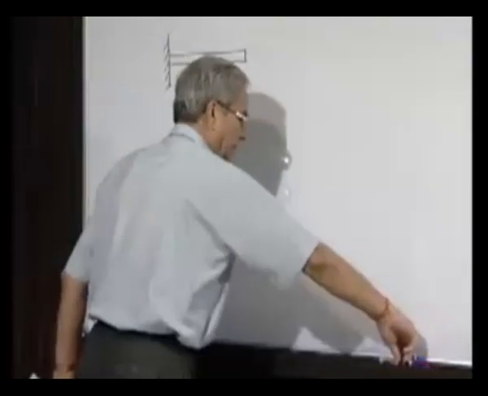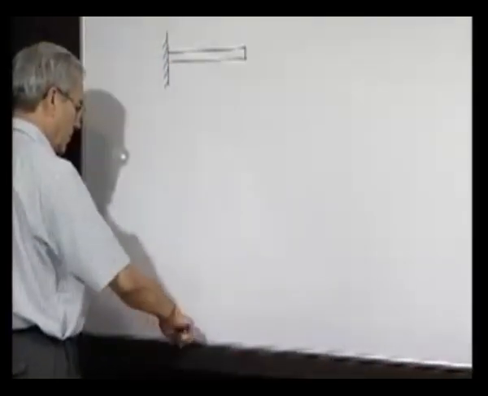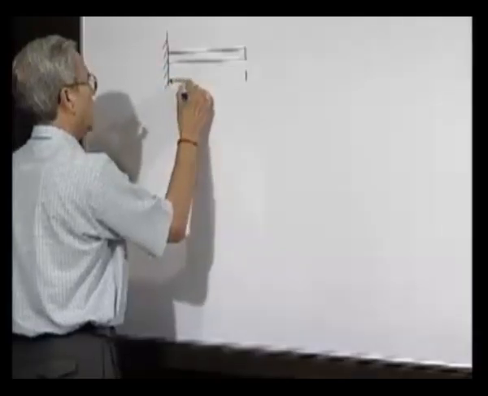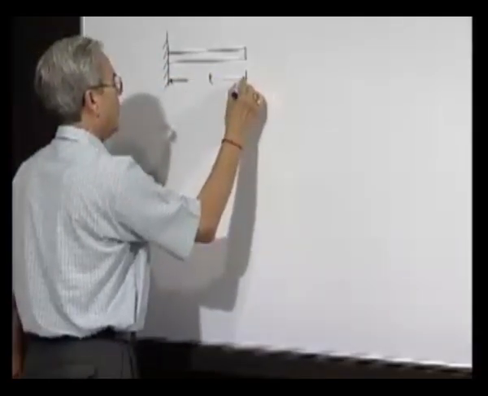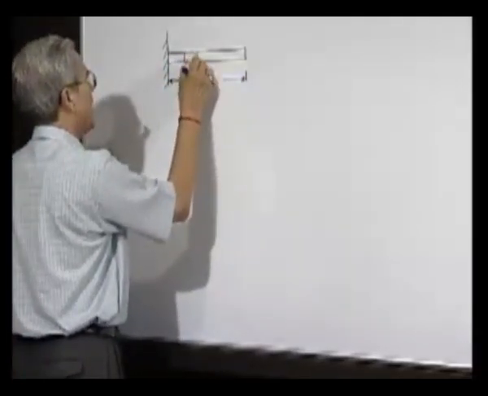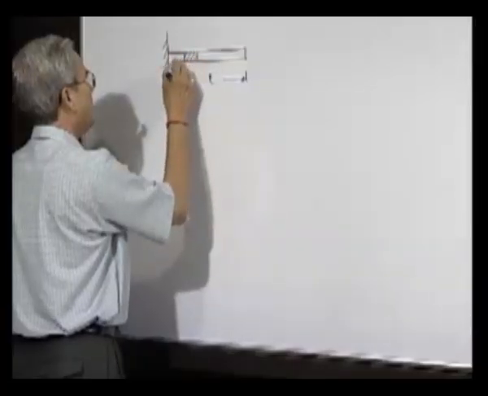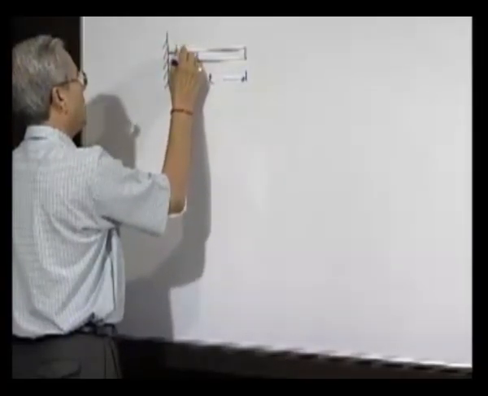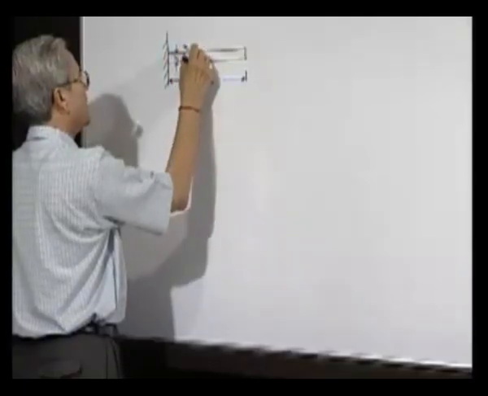It has a length L and cross-sectional area B by H, where H is the thickness and B is the width.